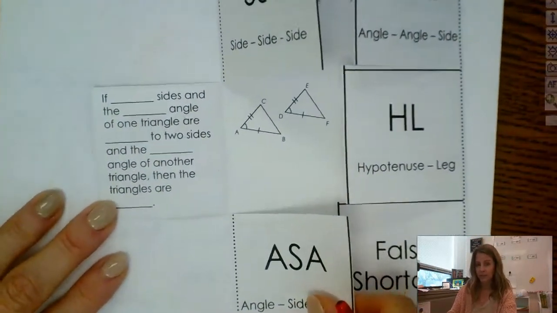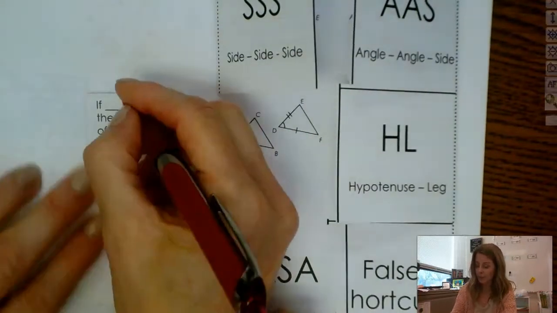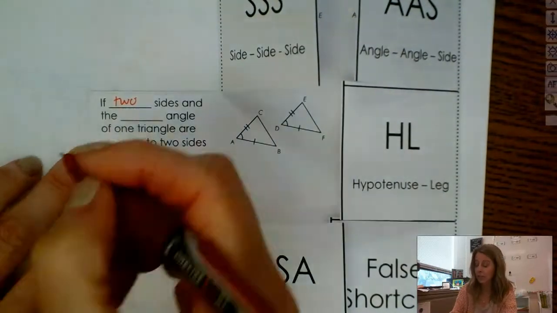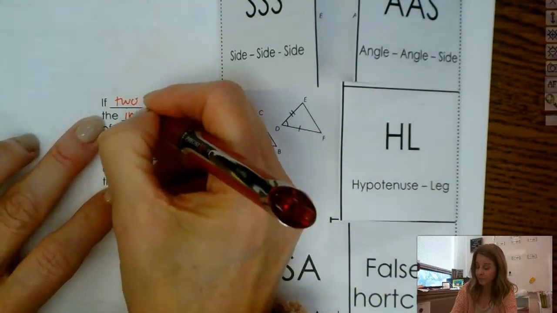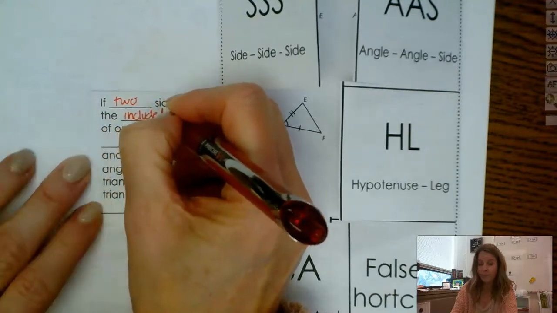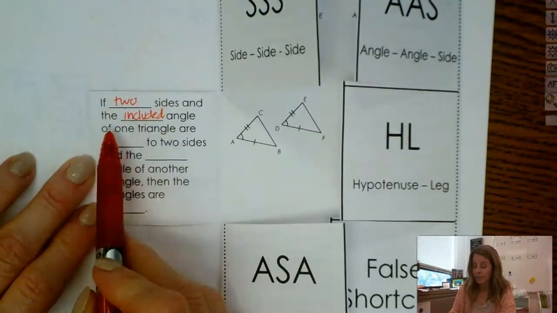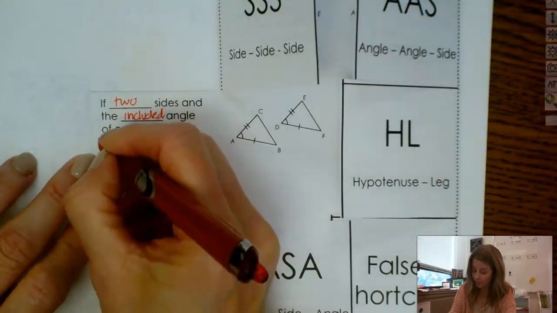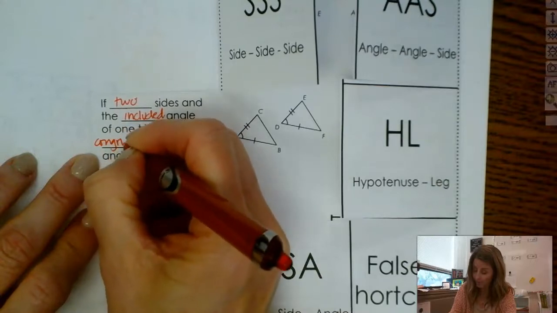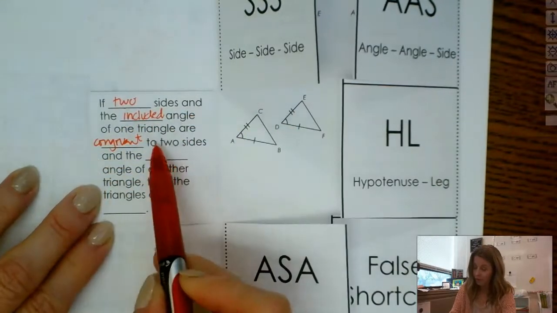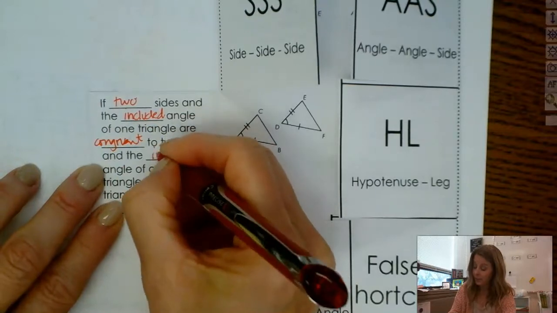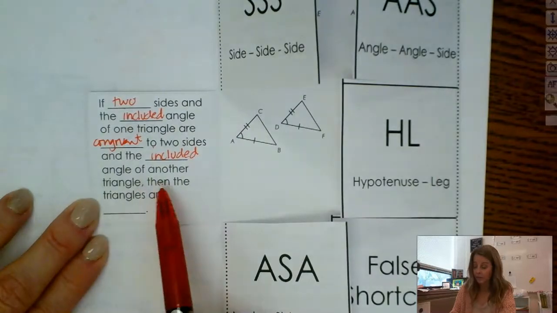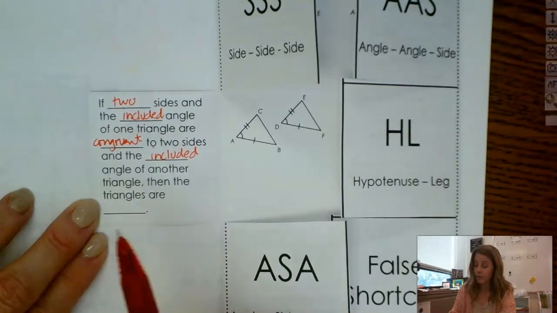So this one says, if two sides and the included angle of one triangle are congruent to two sides and the included angle of another triangle, then the triangles are congruent.